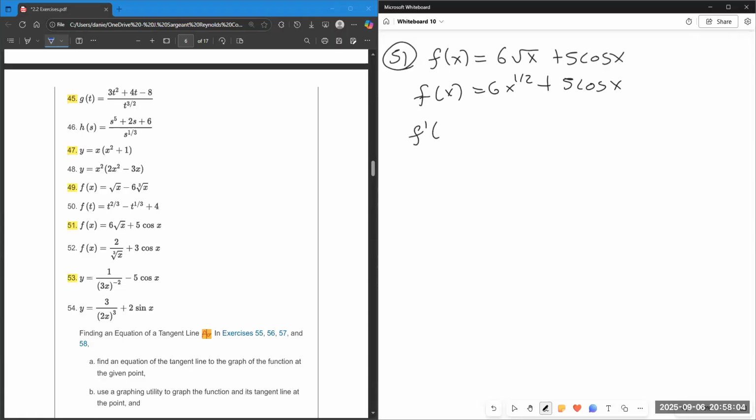F prime of x is 3x to the negative 1/2 minus 5 sine x. F prime of x is equal to 3 over root x minus 5 sine x. Don't see any need to rationalize that.